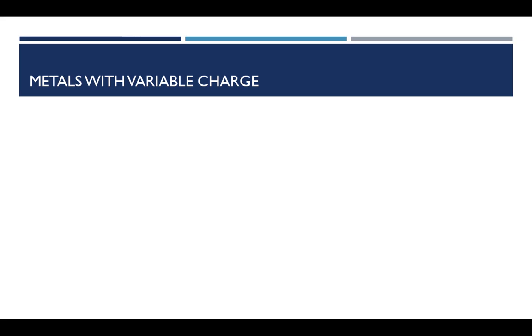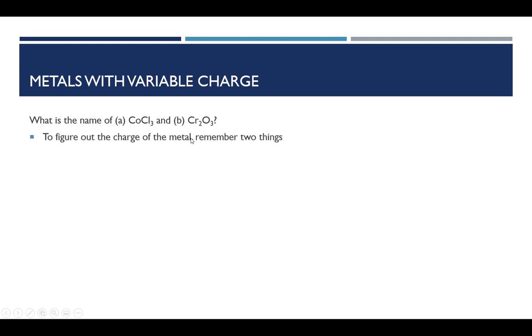Let's try some compounds that are a little bit more challenging. So what is the name of this compound here and this compound here? Well, both of them have something in common. They both begin with an element of variable charge, and we have to figure out what the charge is before we can name the compound.